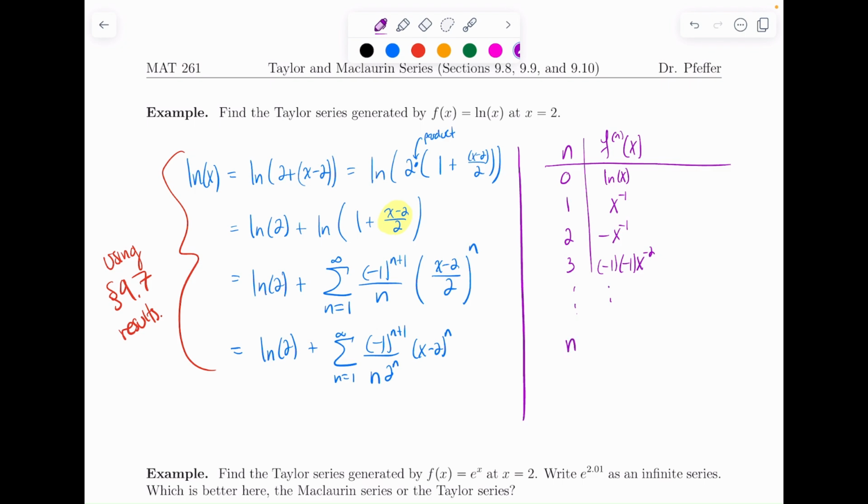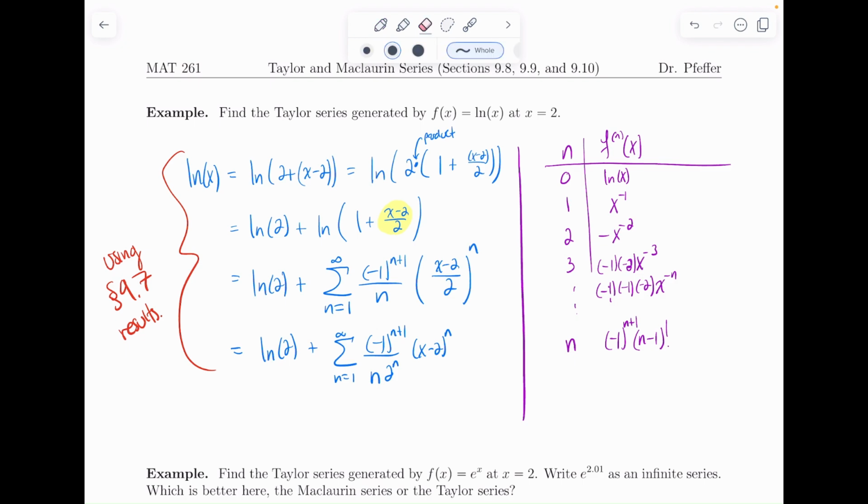Invariably, for n, we're going to end up with n plus 1 copies of negative 1. As you can see here, we get negative 1, negative 2, so we're getting a factorial, n minus 1 factorial, all over x to the n. Whoops, this should have been a 2, and this a 3.